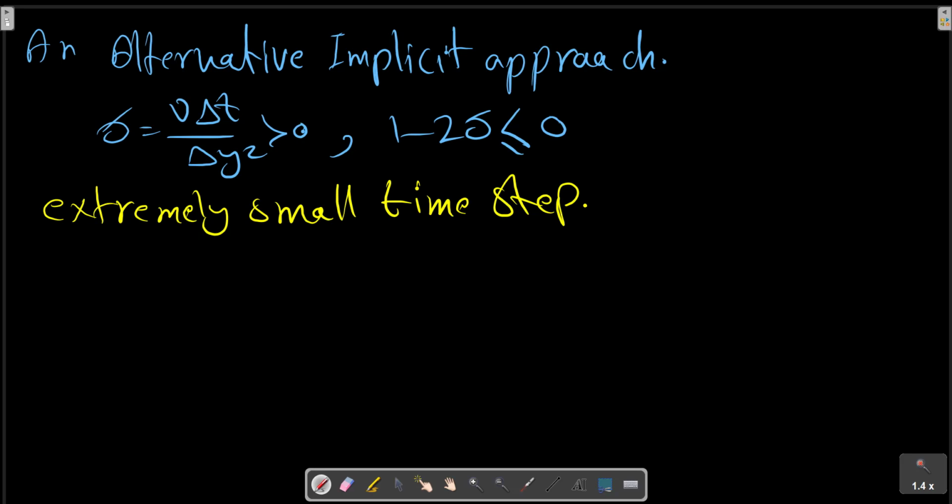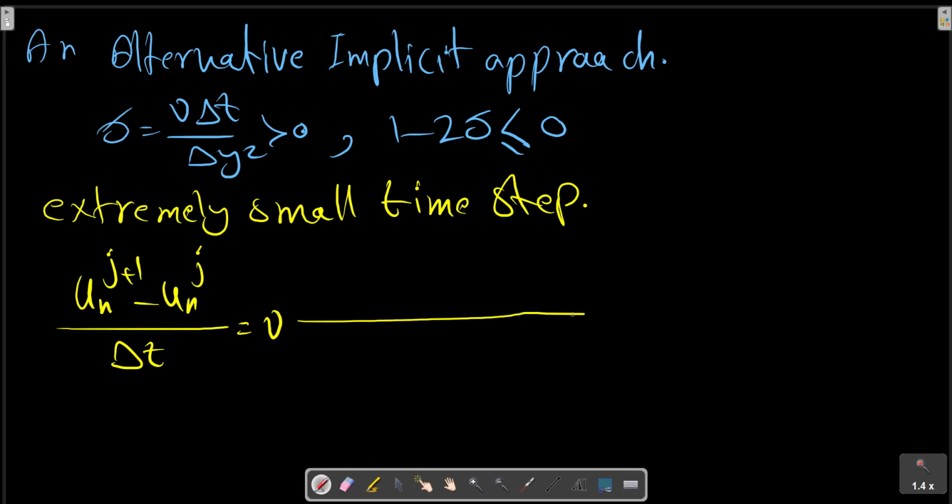at the next time step. We can write this relation for the momentum in the x direction with the time derivative and the spatial derivative.